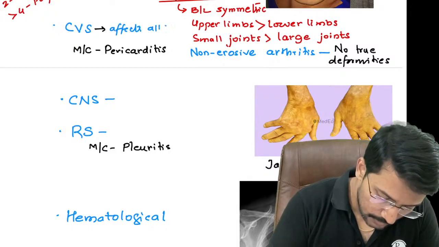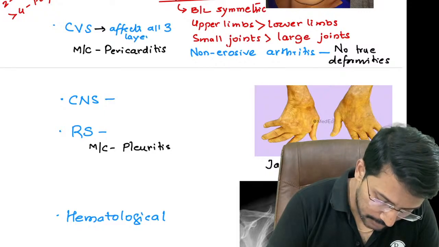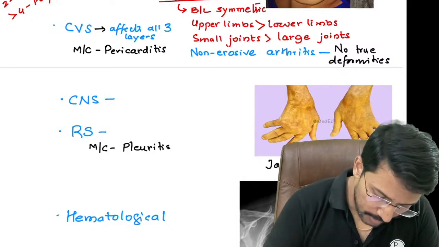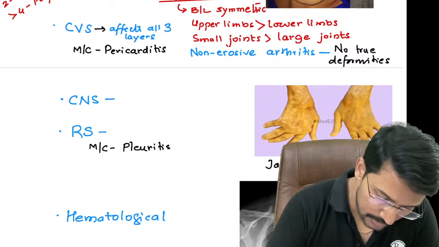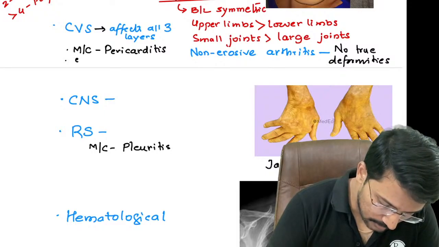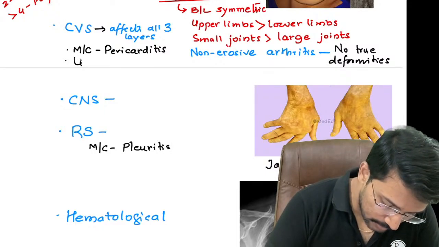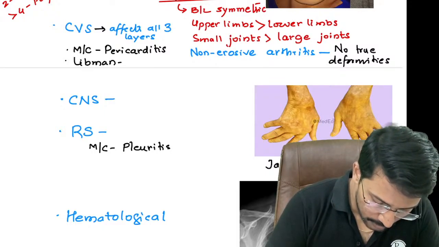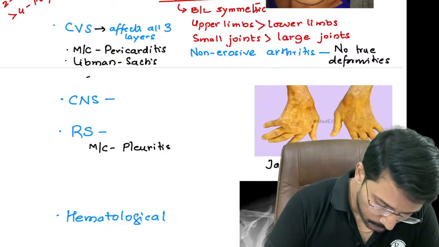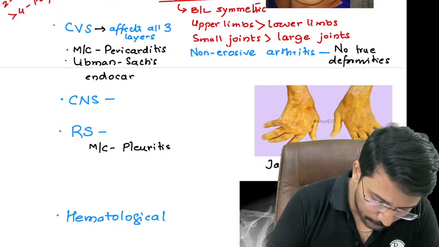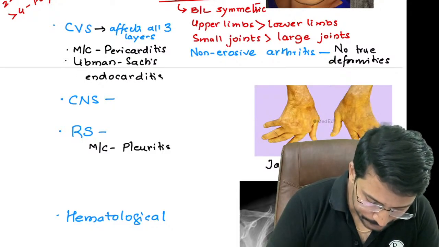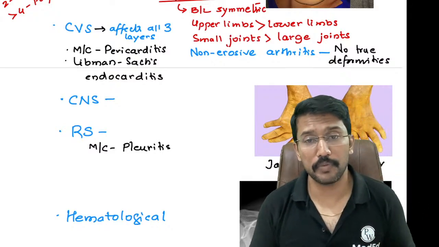Affects all three layers. And if it is affecting the endocardium, we will call it Liebman-Sachs endocarditis, right? We call it Liebman-Sachs endocarditis because this is an endocarditis where the endocardium is not inflamed because of infection.